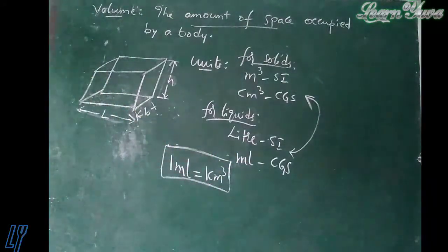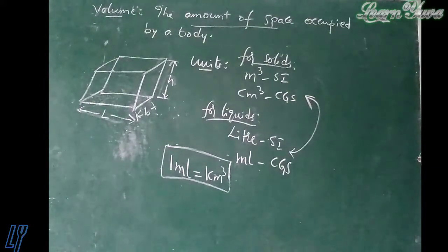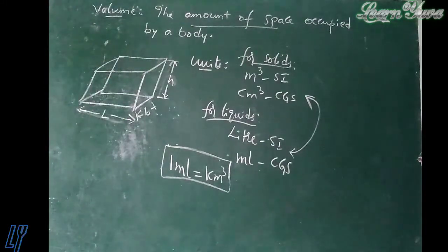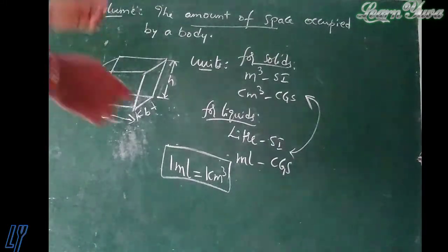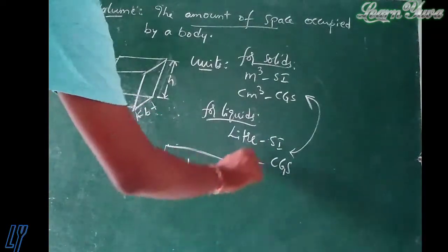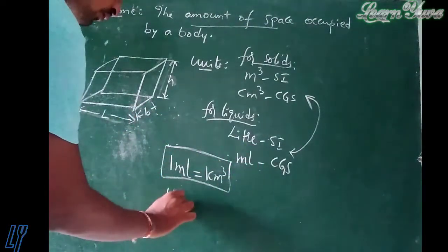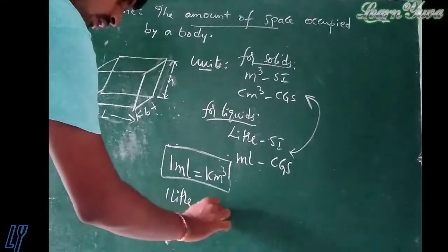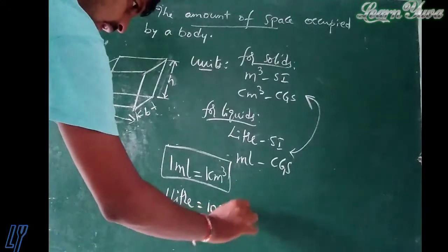1 milliliter is equal to 1 centimeter cube. So from that we can convert solids to liquid volume, and also 1 liter is equal to 1000 ml.